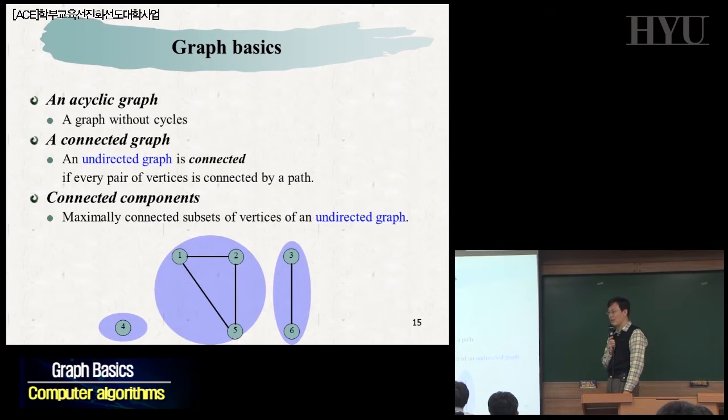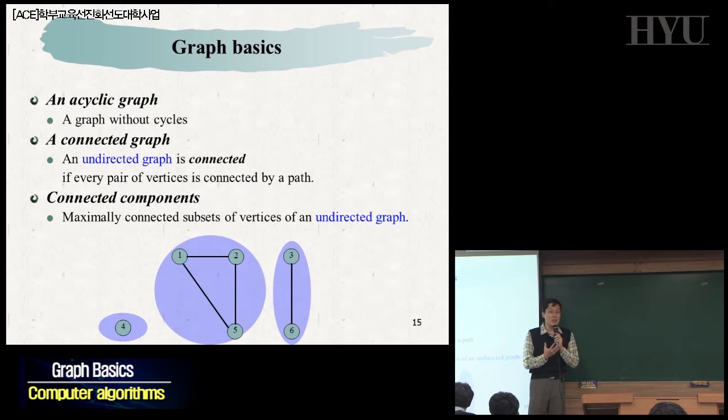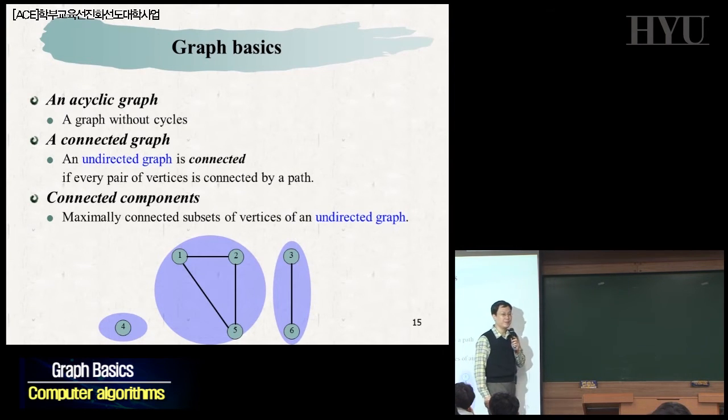Okay, the answer is 3. There are 3 connected components. So this is a connected component because these 2 vertices are connected, so they are in the same connected component. And these 3 vertices are in the same connected component. And 4 is in a standalone connected component. Okay? And this is important: maximally.